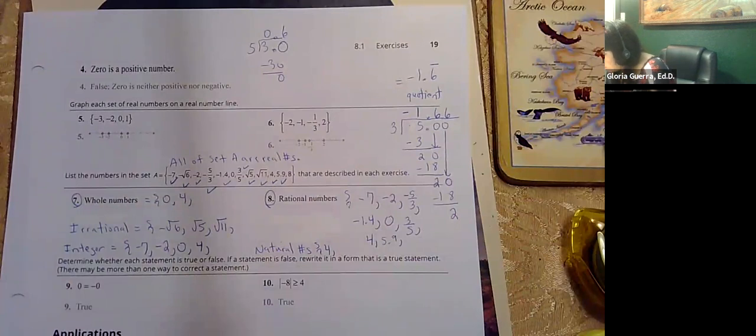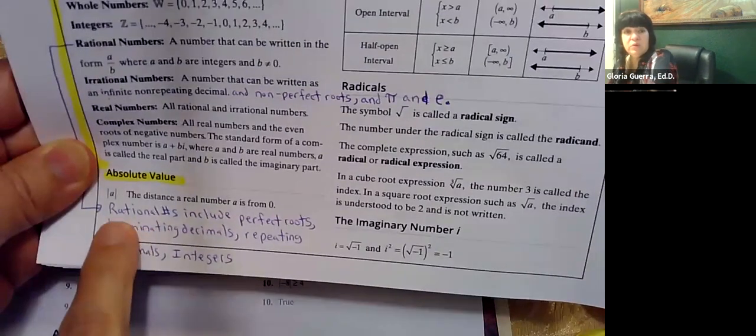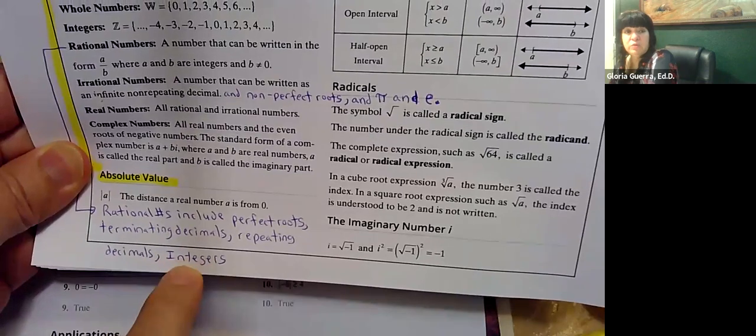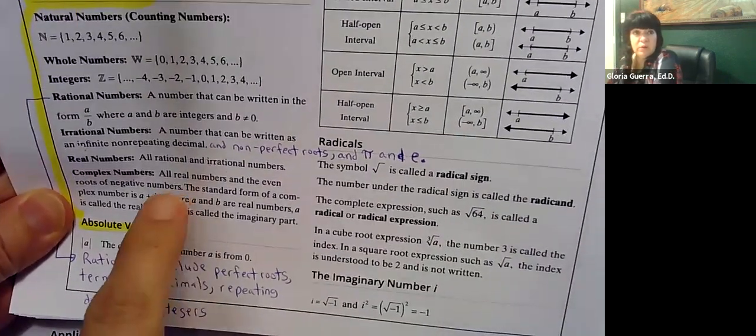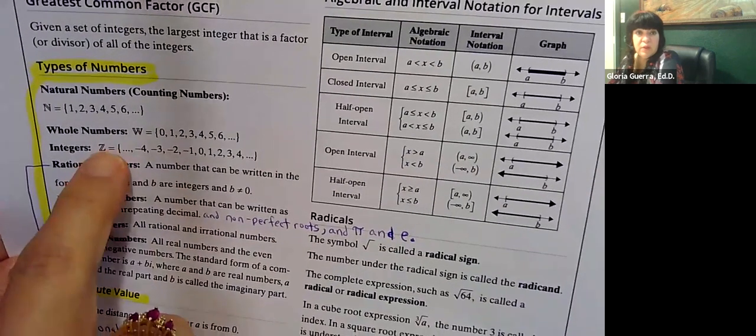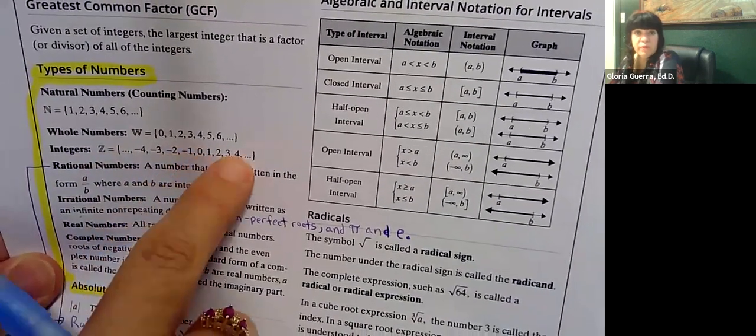Okay, then last but not least, we have 8. And 8 is considered a rational number because it's an integer. So the number 8 would be under this list of integers. See that? 4, 5, 6, 7, 8.